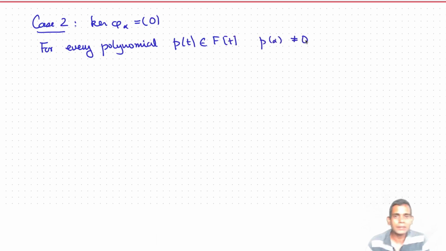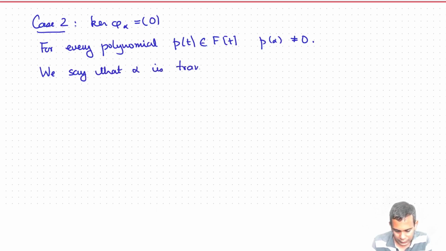Okay, in other words, the substitution map is injective. In this case, we say that alpha is transcendental over F.